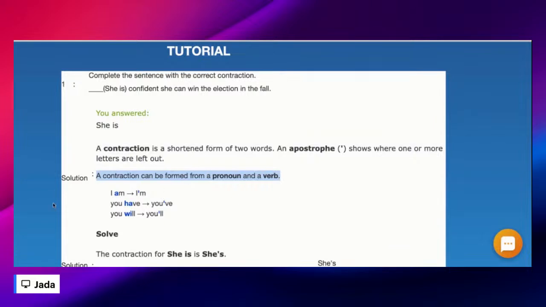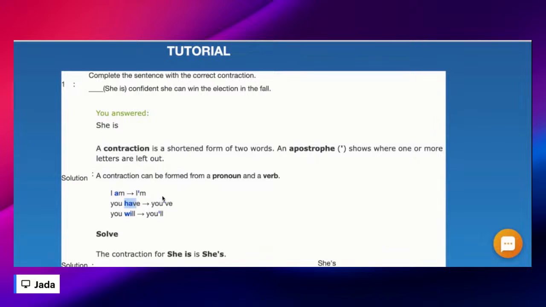We have I am. This is the full version. When you shorten it, it becomes I'm, with an apostrophe and m. Then you have you have: we remove the h and the a, and you get you've.